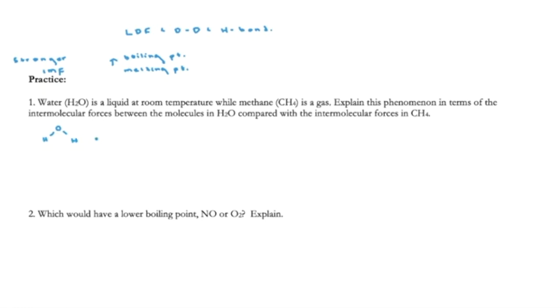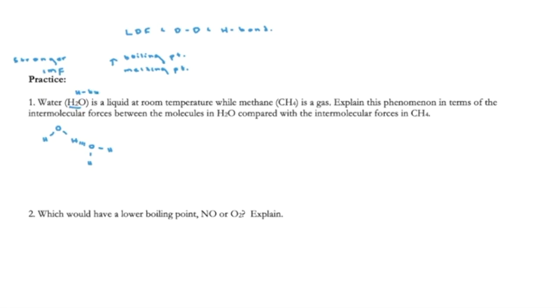And so if you have multiple water molecules, hydrogen, because it is attached to an oxygen and has access to another oxygen, can form an attractive force between hydrogen and oxygen, forming hydrogen bonds. And it can do that because water is polar.